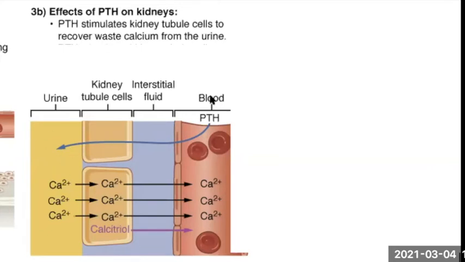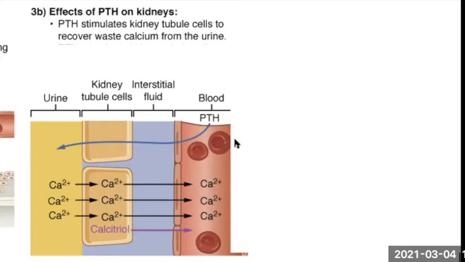Parathyroid hormone comes down the blood vessels surrounding them and does something with calcium channels. There's calcium you're about to pee out, and the calcium goes through calcium channels, moving from the cells lining the tubules into the interstitial fluid and into the blood. So it's reabsorbing more calcium.